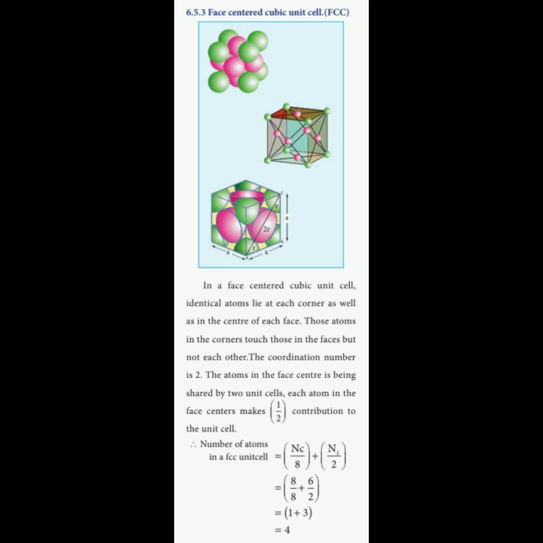If you keep another notebook on top, that centered face atom will be shared by 2 notebooks. Similarly here, whenever an atom is present at the face center, it is definitely shared with another face also. That's why it is given as Nf divided by 2. So totally 1 plus 3, which is equal to 4. So the number of atoms in an FCC unit cell is equal to 4.